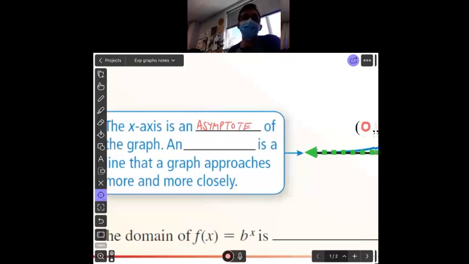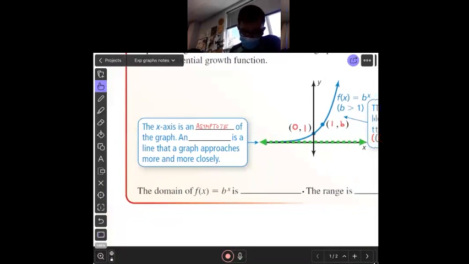Asymptote. Okay. For an exponential function, the x-axis is an asymptote. An asymptote is a line that the graph approaches more and more closely. What we're seeing here is a dashed line because it's not actually there.